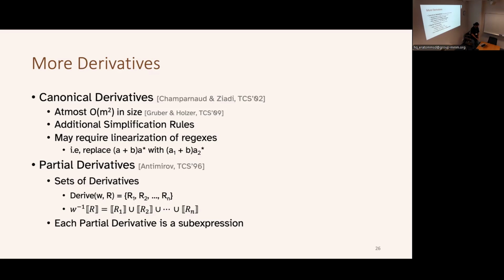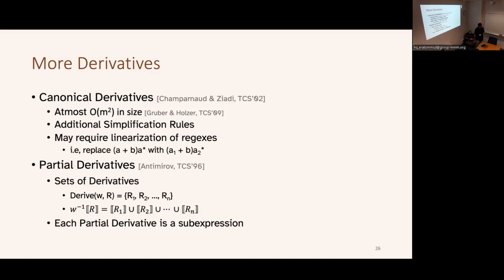These were introduced by Antimirov. Here you have a set of derivatives for a given word, and the interpretation is that the union of this set is supposed to give you the actual normal derivative of R with respect to W.